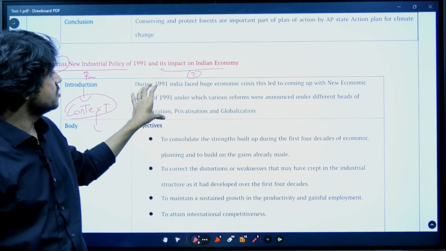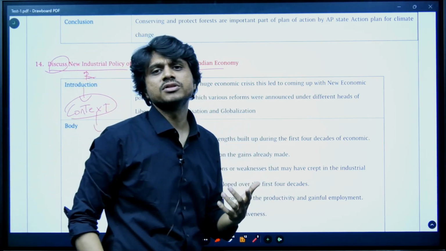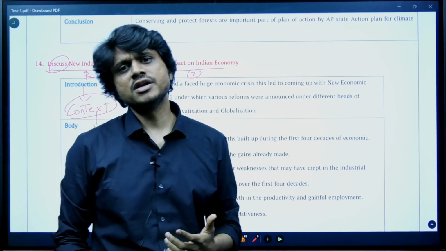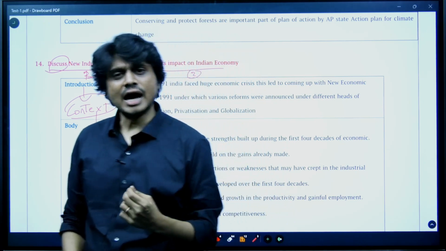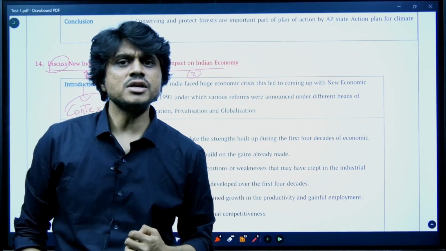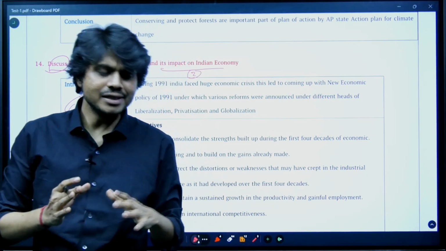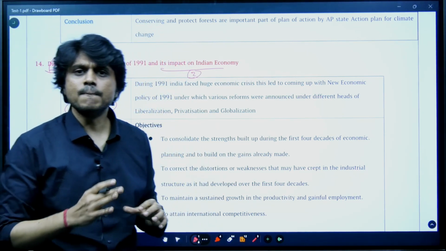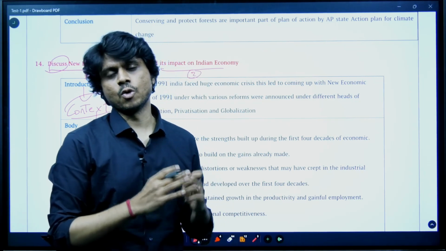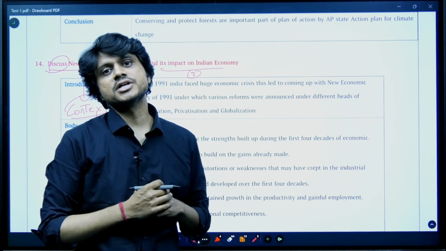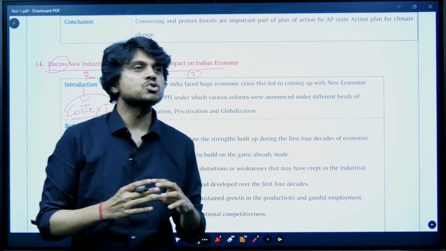In the introduction, let's say what the scenario was during the 1990s. There was high inflation, there was unemployment, and India was facing a forex crisis. Till then, development was primarily a public sector driven model. But these public sector companies were facing many problems.